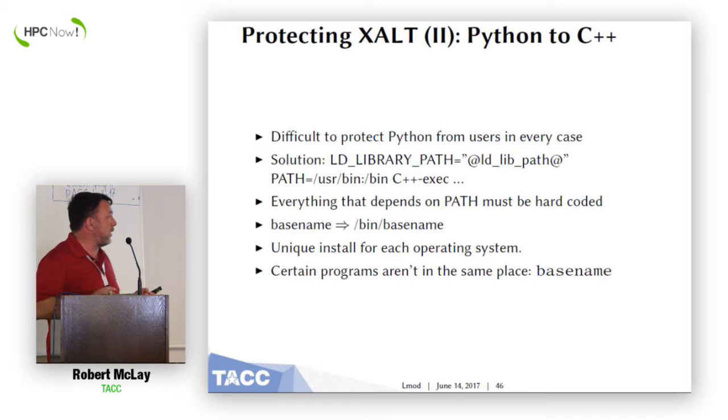That way I can control the environment, I can control LD library path, I can control the path to control what executables get called. And I've hard-coded every executable that I use at configure time, which has one downside to it. If you're in a shared home file system, you're going to want an implementation per cluster, not per home file system, because programs move around. Sometimes, like basename is sometimes in bin, sometimes it's in user bin.